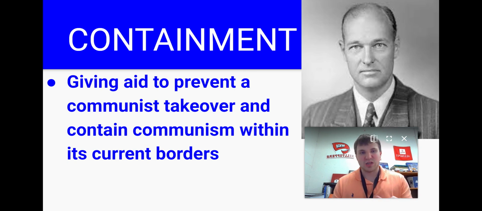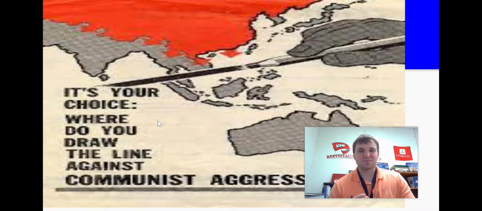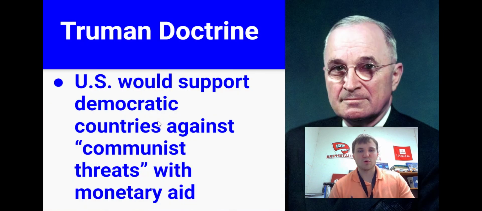We're trying to keep it isolated in an area. So you're like, okay, well, why did we send troops to Korea? Why did we send troops to Vietnam? It's related to this idea. We did not want communism to spread. In both cases, we were afraid it would spread throughout all of Asia. And if it spreads through Asia, who's to say it won't spread all around the world and eventually come to our shores? So, containment: we were doing whatever it takes to contain communism within its current borders.